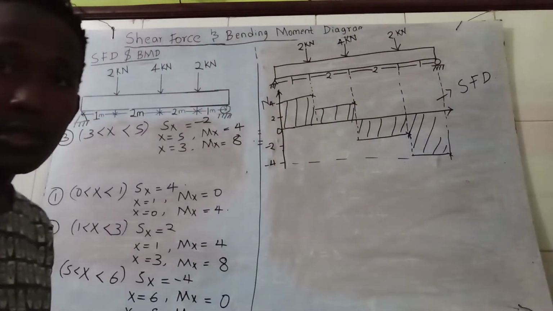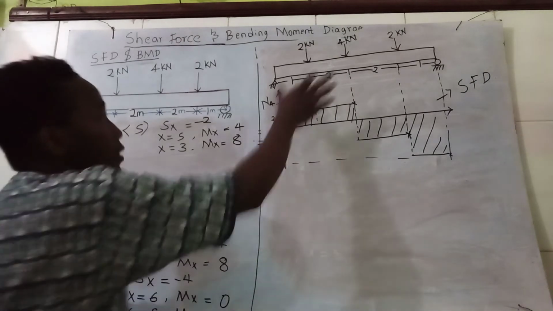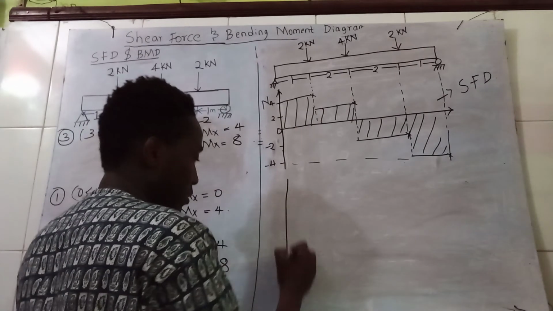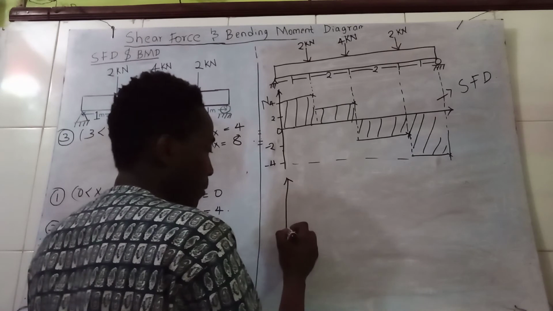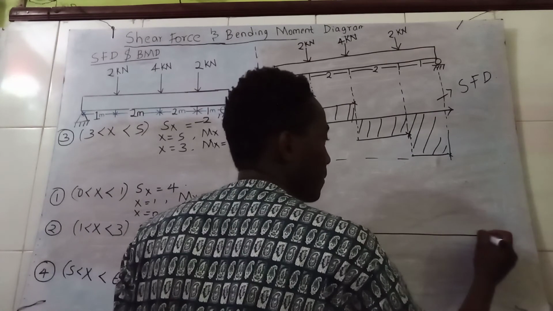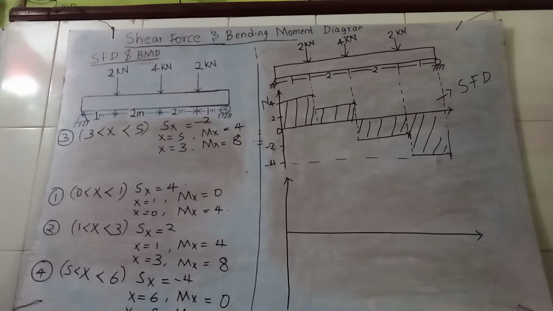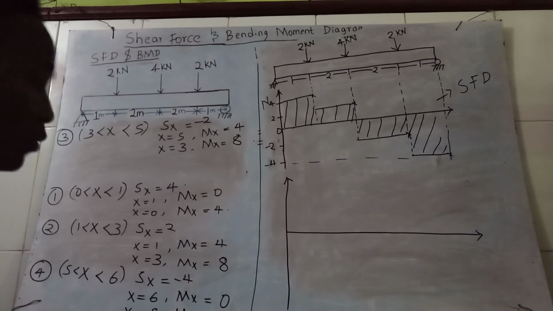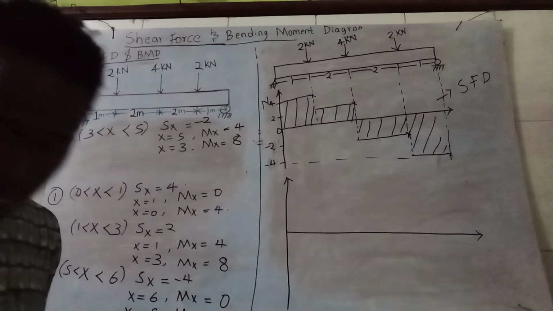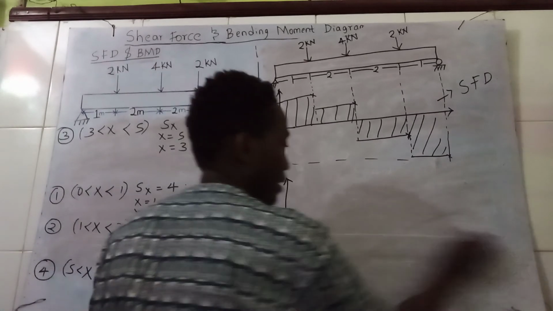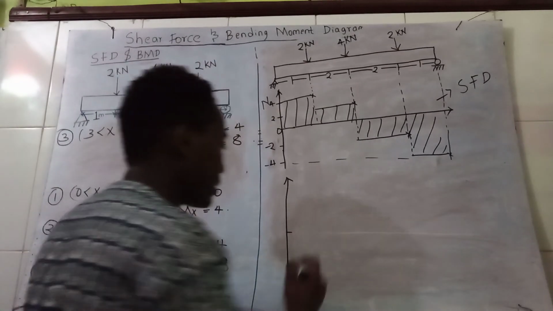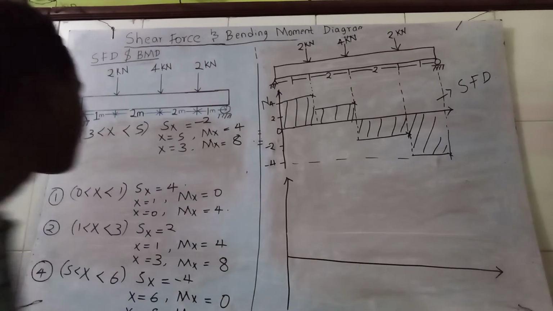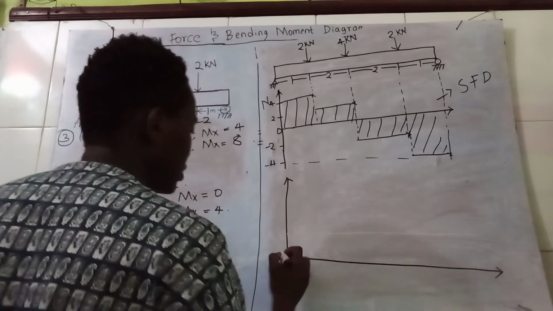The shear force diagram. Now, for the bending moment diagram, the same case. So the greatest value I have is an 8. I have no negative value. So probably I can bring my axis slightly lower. Okay. 0.